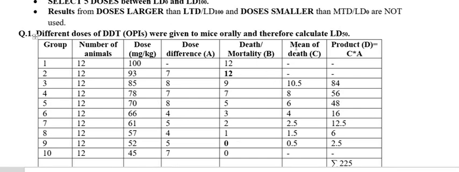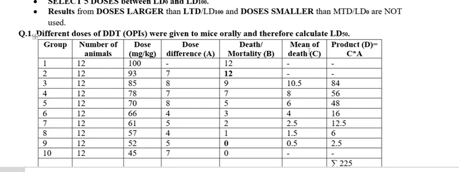Thereafter, we are going to calculate the mean of death or interval mean of death. What is the meaning of mean of death? It is between two adjacent groups of death. As I earlier mentioned, we are not considering this because it is above LD100.